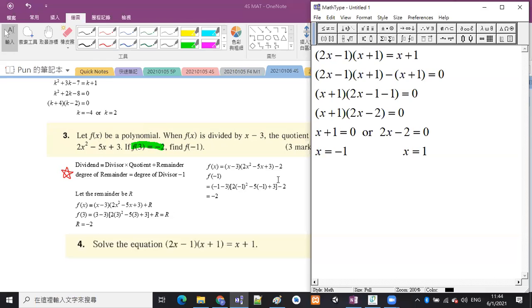OK，如果你一開始錯手約咗 common factor 嘅話，你就會 miss 咗 x 等於負一呢一個答案。咁嘅時候，你就會失咗超過一半嘅分。OK, so if you cancel out the common factor x plus 1 in the very beginning, you will miss out the answer of negative 1 at the end.